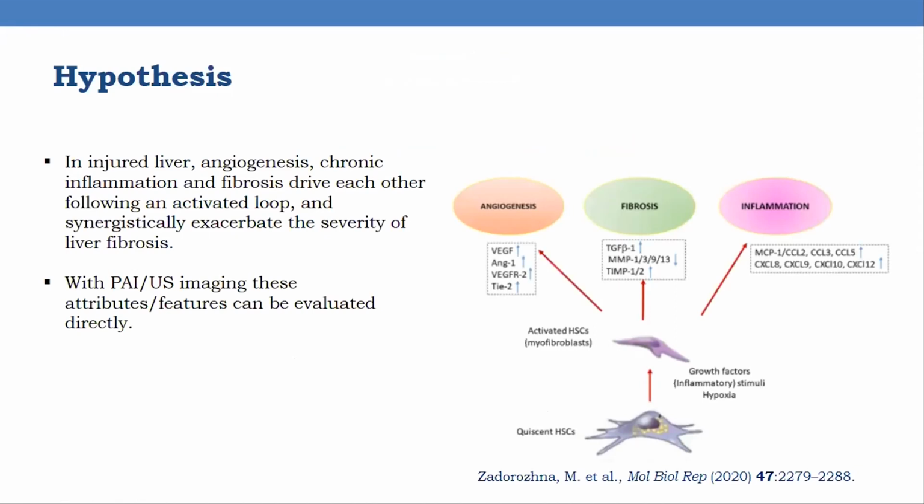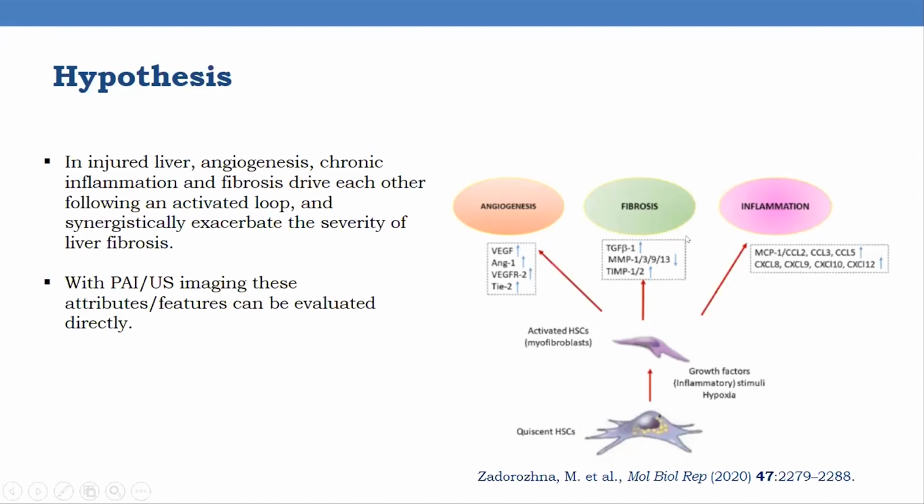Activation of HSCs will trigger inflammation, which will drive hypoxia, which will drive angiogenesis, which in turn will lead to fibrosis. And several cytokines and growth factors are involved in these three distinct processes. So these are the three distinct important phenomena that occur in liver fibrosis.